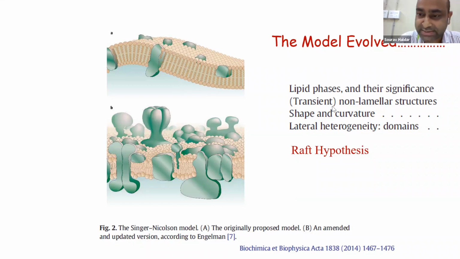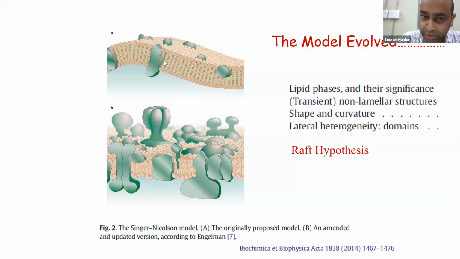The concepts of lipid phases and their significance, whether transient or non-transient, and non-bilayer structures are all now being taken into account in explaining membrane phenomena which were not present in the fluid mosaic model. And most important of that is the raft hypothesis.